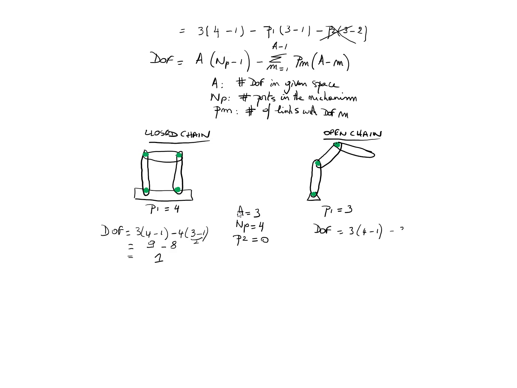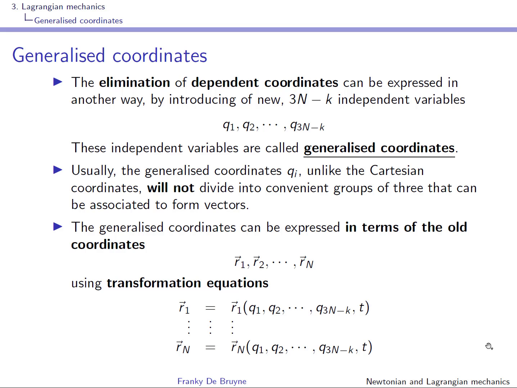So now we only have 3 for P1 times 3 minus 1. So here we have 9 minus 6, so this produces 3 degrees of freedom. So this one has 3 degrees of freedom, and this one has 1 degree of freedom. So this is an illustration of this formula.